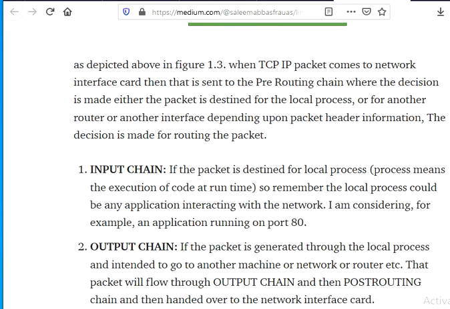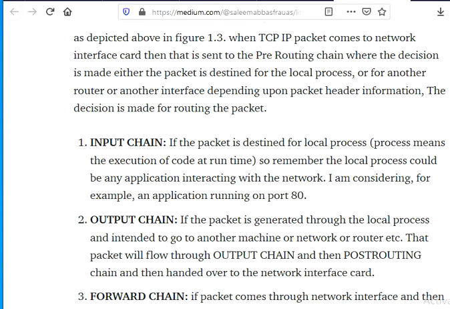Here is what is called the input chain. If a packet is destined for a local process, meaning a process executed on that machine, or code generated at runtime in that machine, that is called a local process. Remember, the local process could be any application interacting with the network, for example an application running on port number 80.